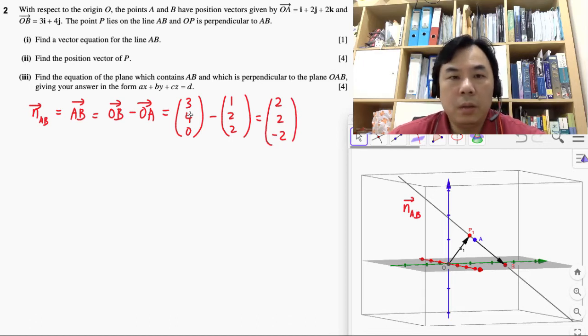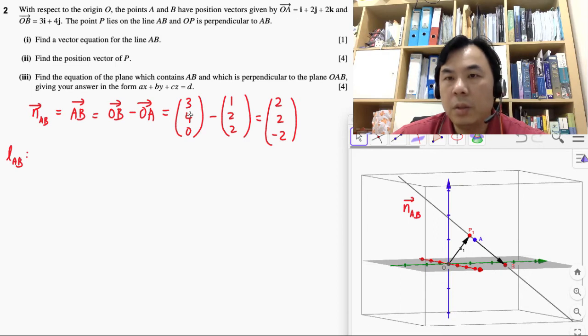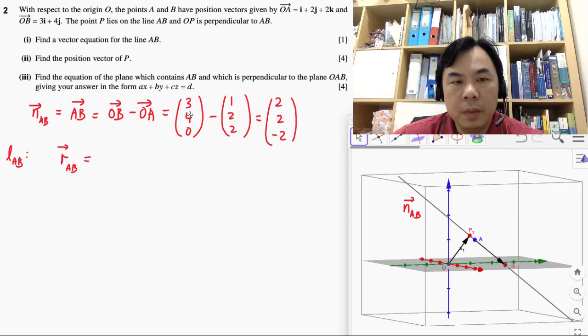Now, from here we can write the vector equation for the line. For line AB, the vector equation that represents line AB is given by r_AB here. We must figure out any point that is lying on the line.